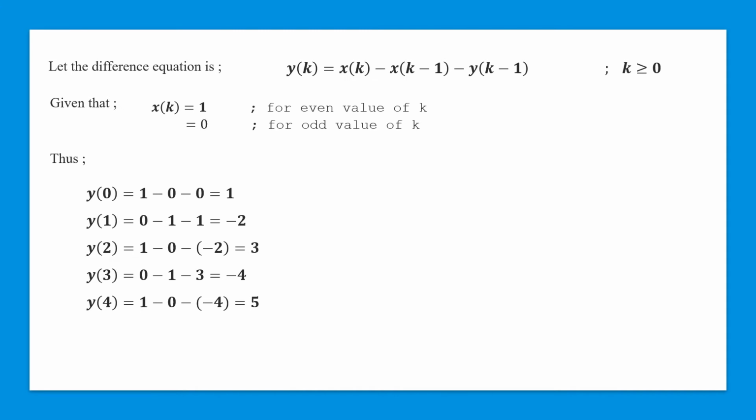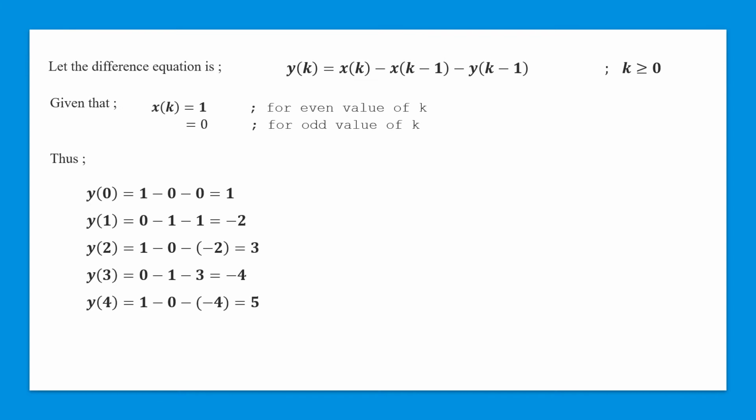For example, y(0) is equal to 1 minus 0 minus 0. That means if we consider k equal to 0, then the value of x(k) is 1, x(k minus 1) is 0, and y(k minus 1) is also 0.